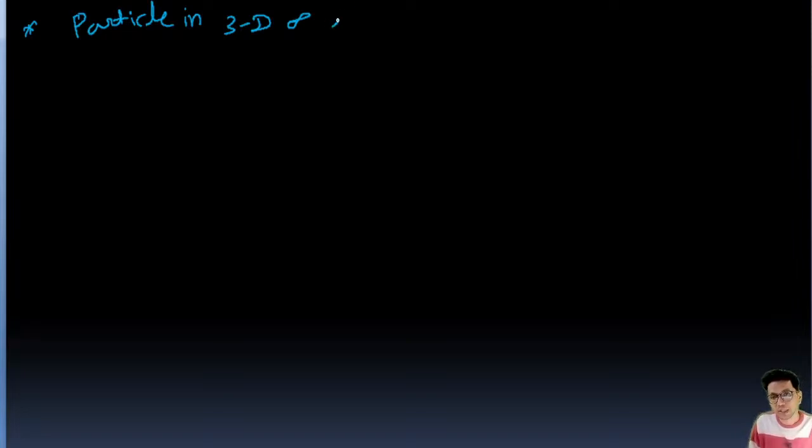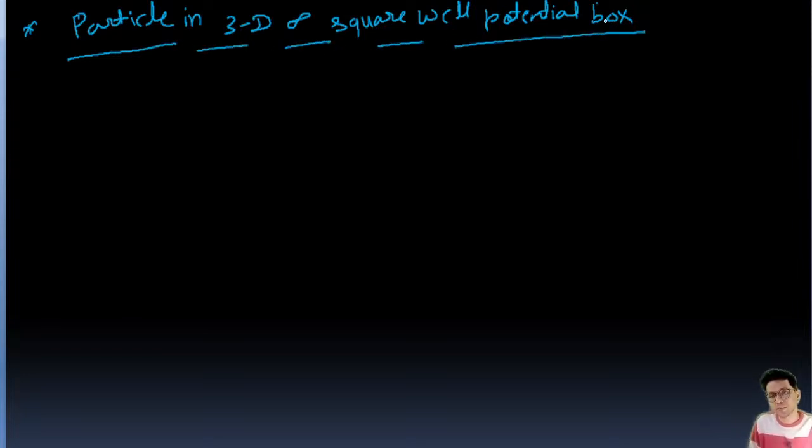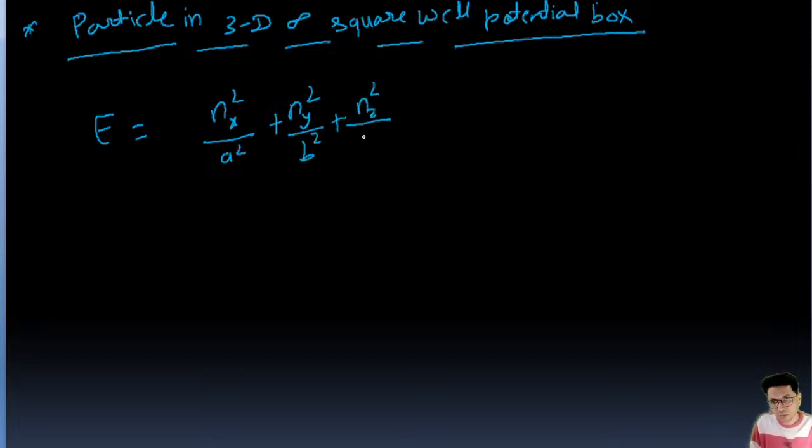When a particle is in a 3D infinite square well potential box, then the energy is going to be (nx square upon a square plus ny square upon b square plus nz square upon c square) pi square h cut square upon 2m.